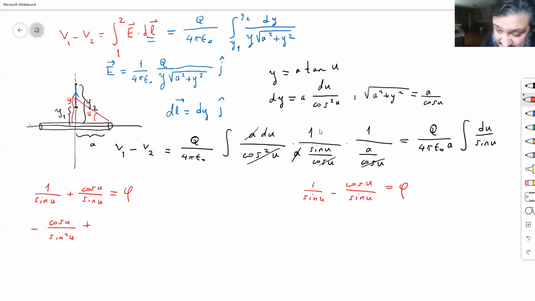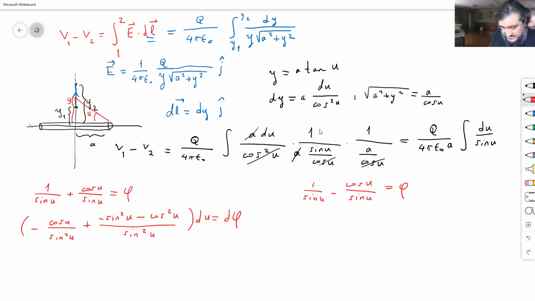Its derivative is negative sine, times sine, negative sine squared u, minus cosine u times the derivative of sine, which is cosine, divided by the square of the denominator, sine squared u. du equals d phi.